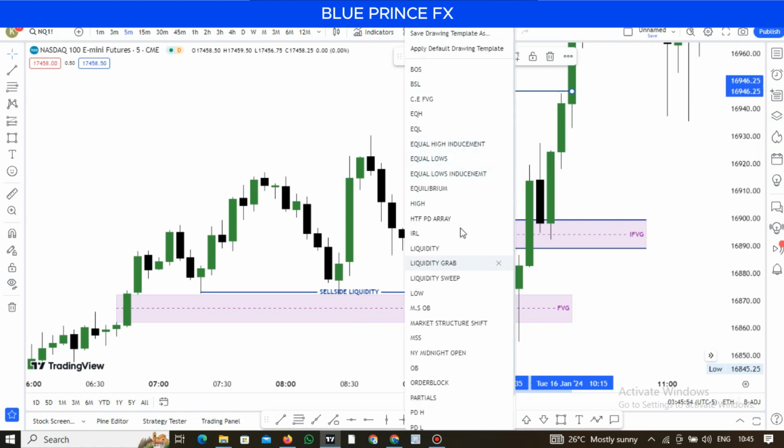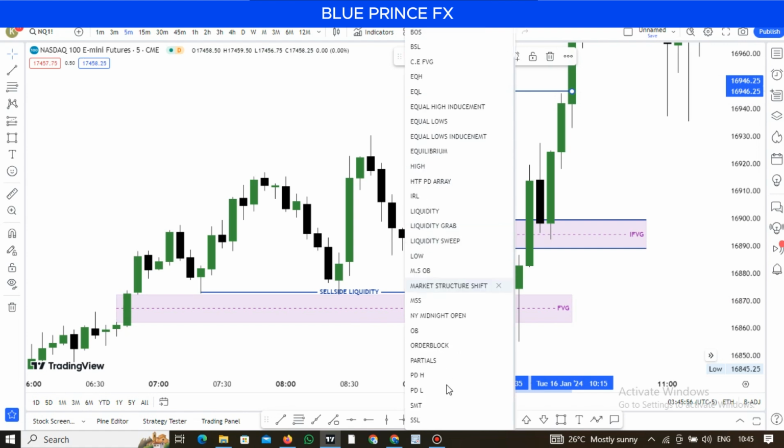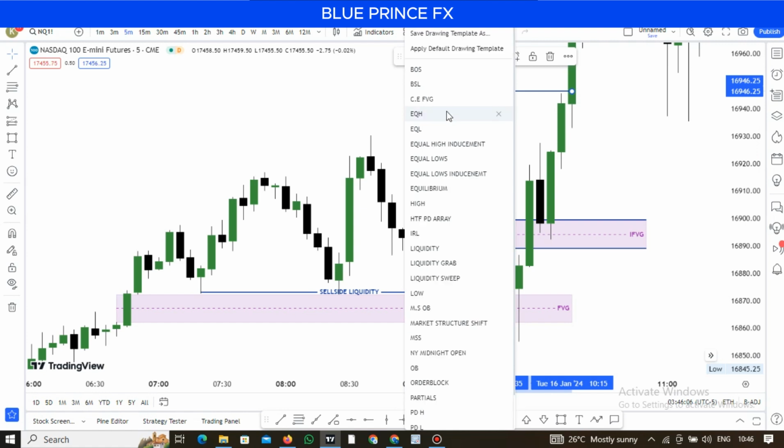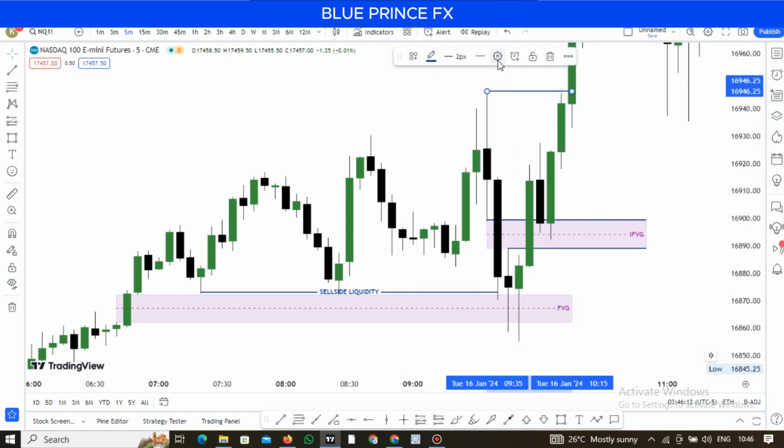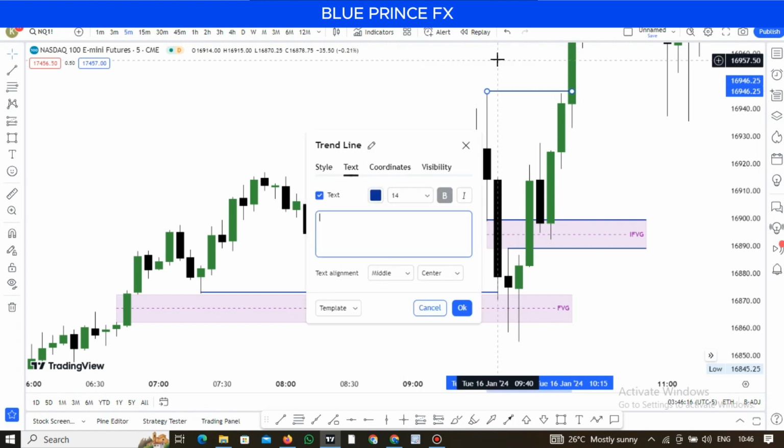We have a draw on liquidity. This becomes our draw on liquidity.